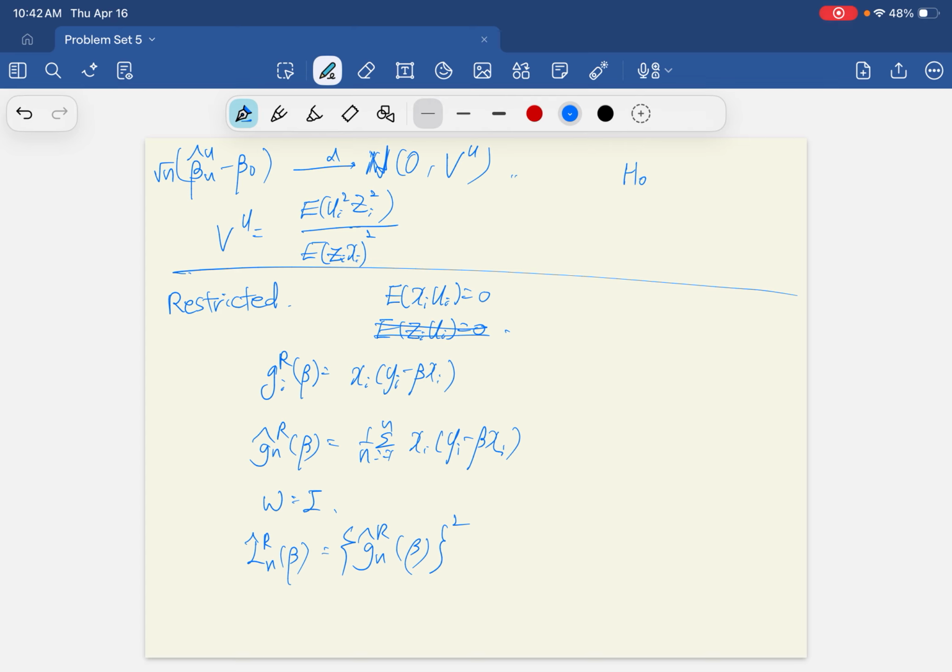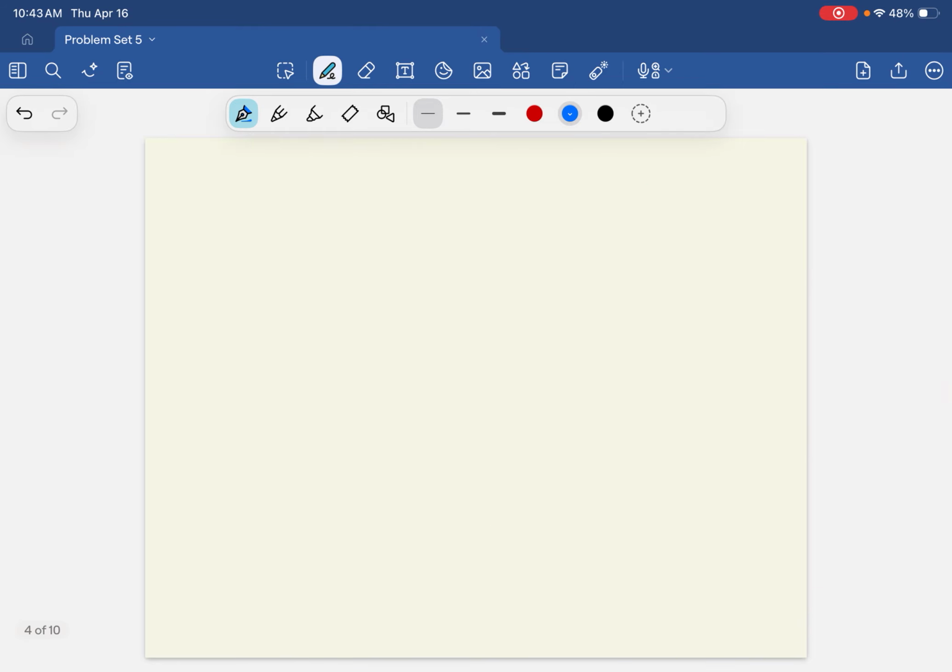And then the first order condition will also be pretty straightforward, and you can calculate. The result is OLS. We showed the equivalence of OLS and GMM when X is exogenous in problem set 4, right? So that is the restricted estimator.